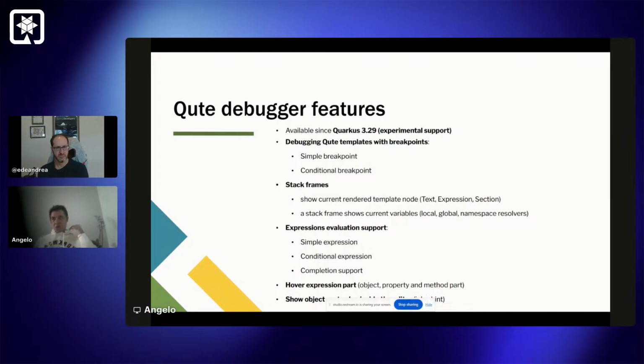And for the current stack frame, when you select it, you can show the current variables. Variables means local and global variables, which are the Java data model. But we will see that in the demo.